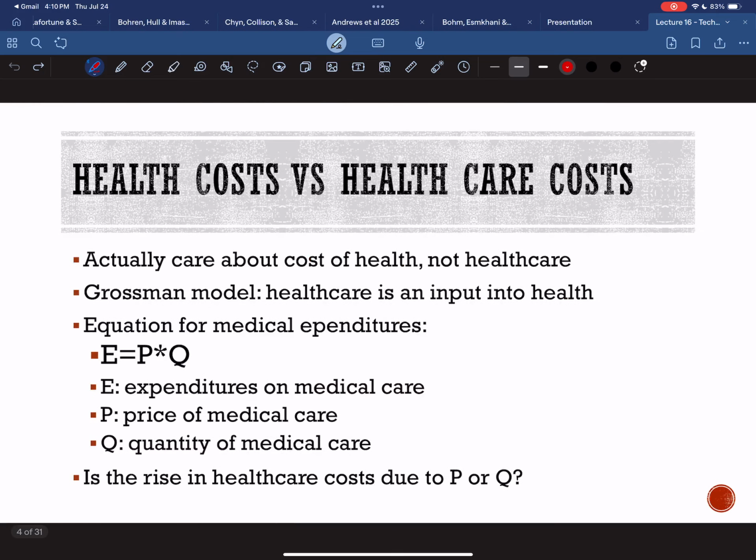So let's talk about what goes into healthcare costs and the difference between health costs and healthcare costs, because that's an important distinction. In many ways, the cost of healthcare is less important than the cost of health. If we think about this from a Grossman model perspective, healthcare is an input into health. What we care about is people being healthy, not necessarily having access to healthcare.